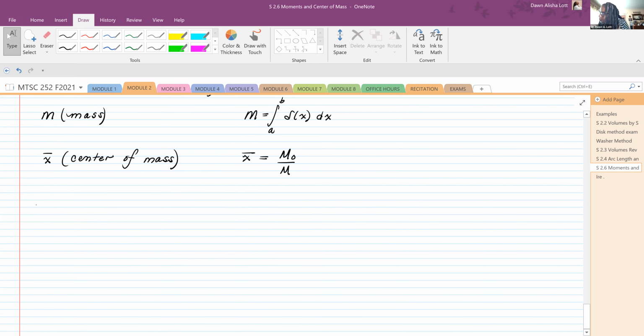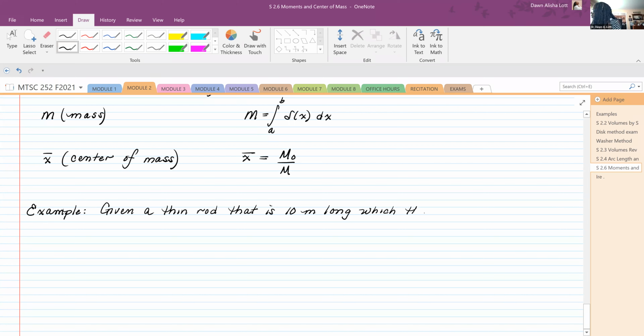So here's my example. Say we have a thin rod that is 10 meters long, which thickens from left to right by the density function equal to 1 plus x over 10.